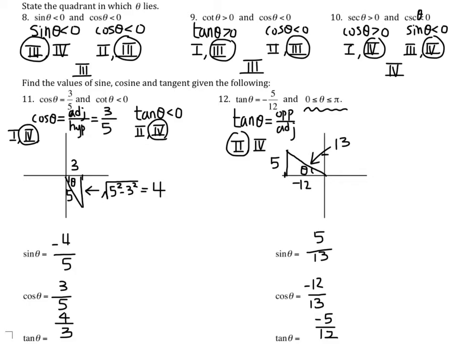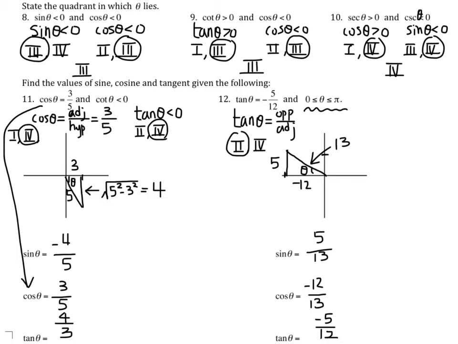So what's going to be the value for sine, cosine, and tangent? Sine is defined as opposite over hypotenuse, which is negative 4 over 5 because we are in the fourth quadrant. Cosine is defined as adjacent over hypotenuse, and we are given this information in the question, so I can basically just copy it down here, 3 over 5.